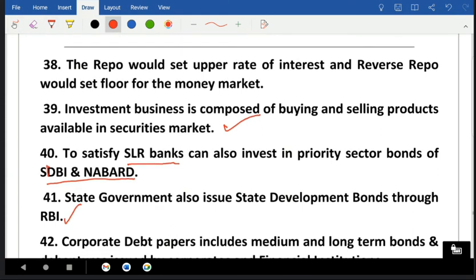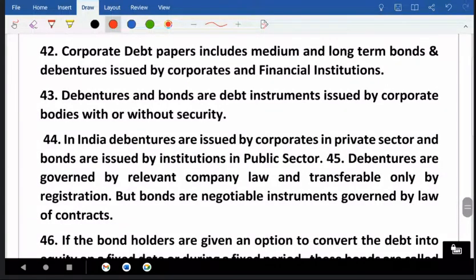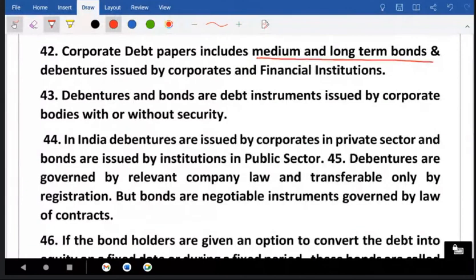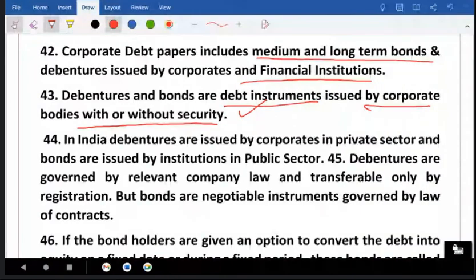Corporate debt papers include medium and long term bonds and debentures issued by corporates and financial institutions. Debentures and bonds are debt instruments issued by corporate bodies with or without security. In India, debentures are issued by corporates in the private sector and bonds are issued by institutions in the public sector.